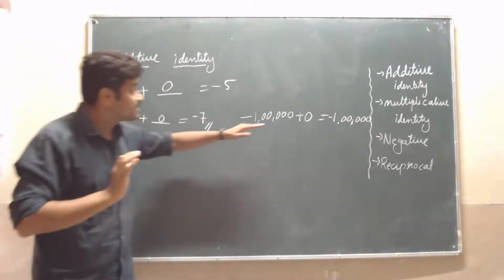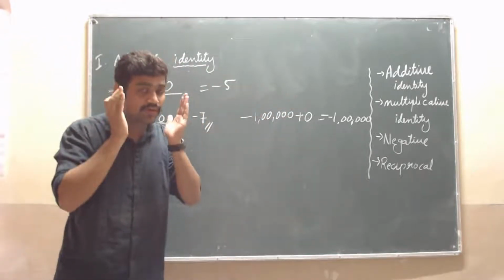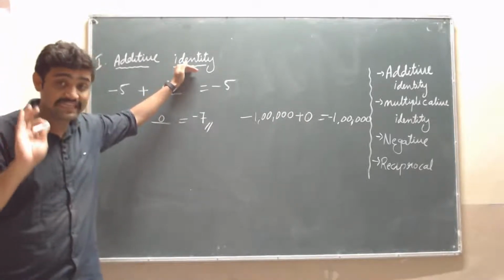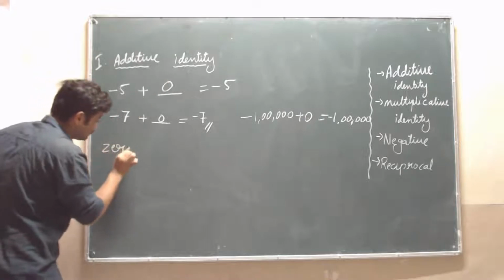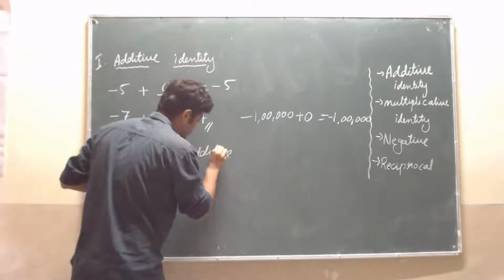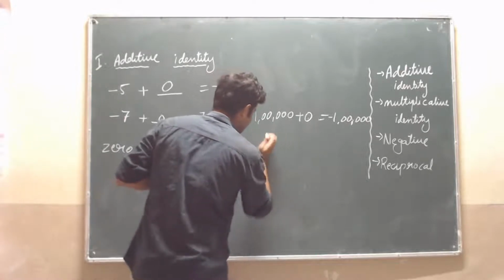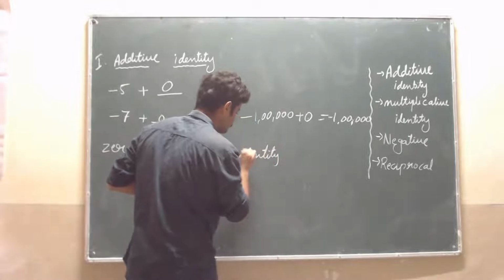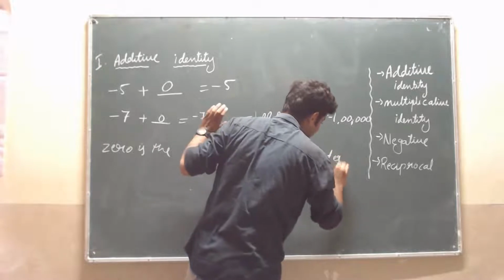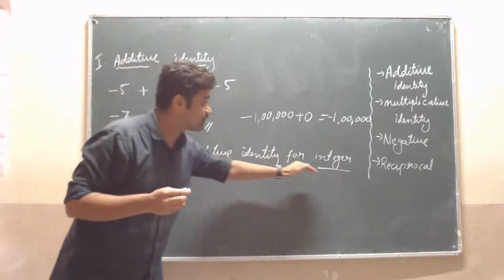Understood? 0 will be the additive identity for integers.